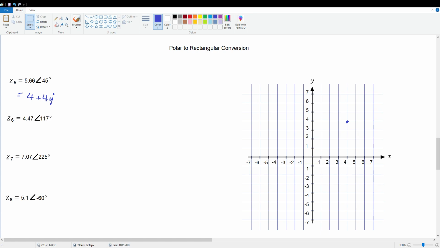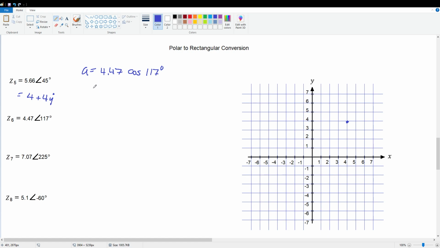Oops. Okay. We've got Z6 equals 4.47 at 117 degrees. So A equals 4.47 times the cosine of 117 degrees.